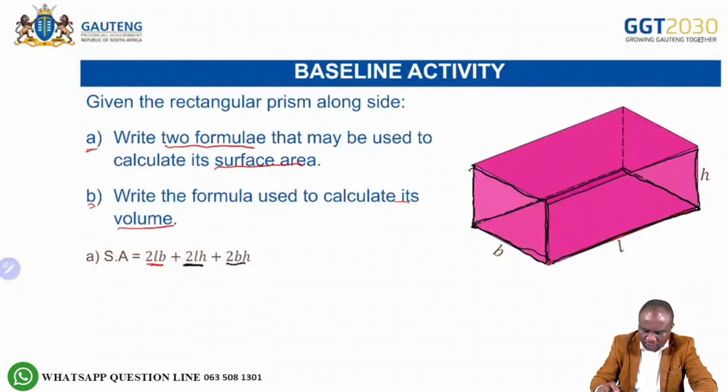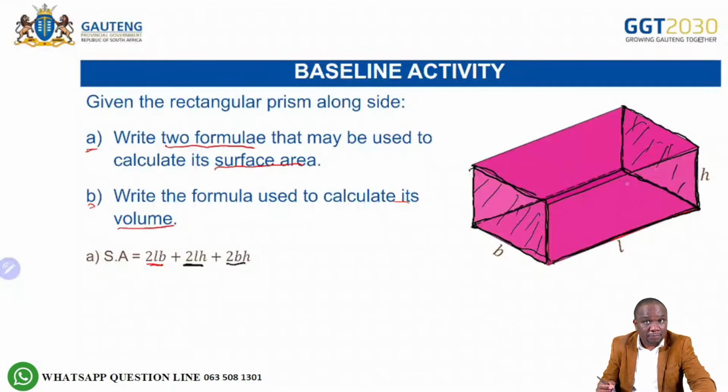And then the other one, we say we find the area of the bases. Let's say this is the base, and this one is the base. So it's 2 times the area of the bases, and then the lateral faces will be the perimeter of the base times the height of the prism.